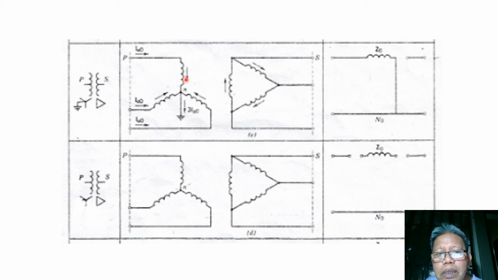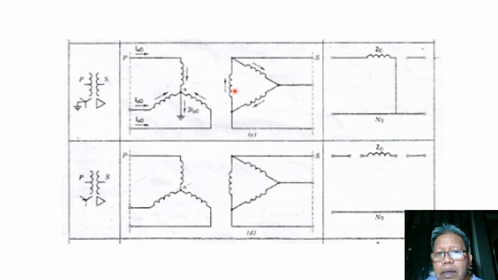So if there is zero sequence current here, supposedly this winding should also produce zero sequence current because we have a closed connection.